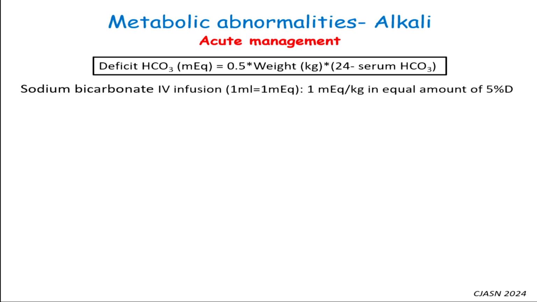So moving on to the first metabolic abnormality, which is the metabolic acidosis. Children, when they present for the first time, can present with an acute decompensation. In that case, we first have to calculate the bicarbonate deficit using this equation, and the most commonly used IV medication is sodium bicarbonate, which is given at a dose of 1 mEq per kg and has to be diluted in 5% dextrose.